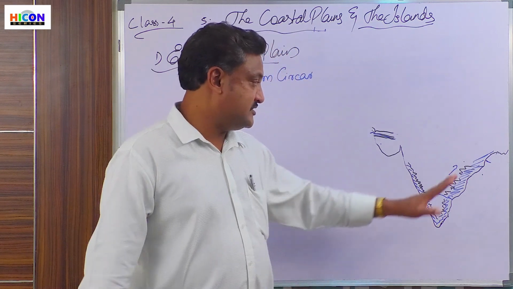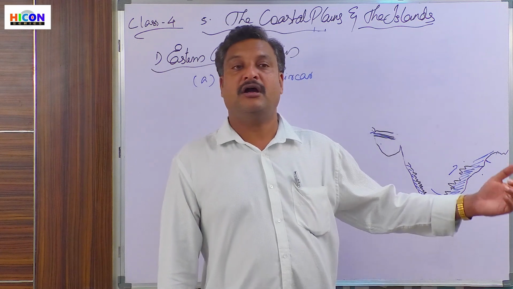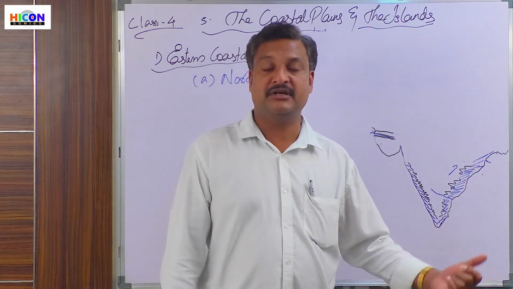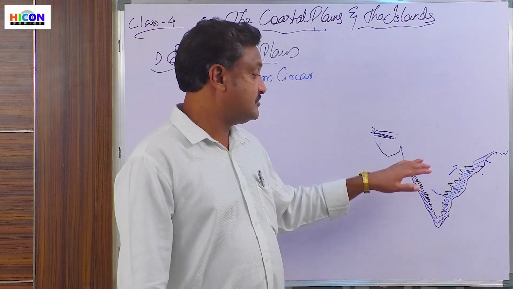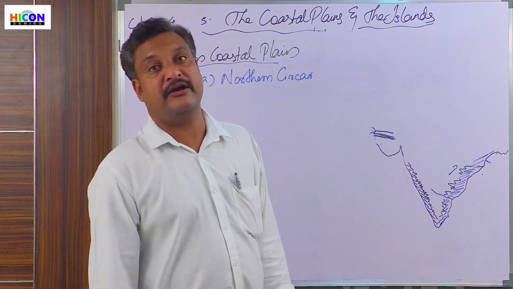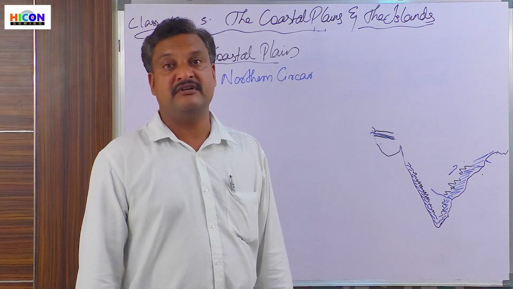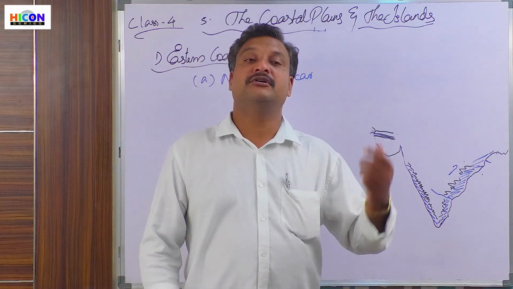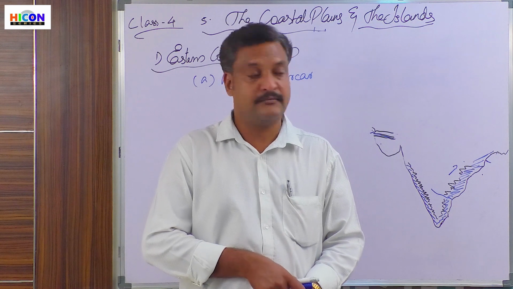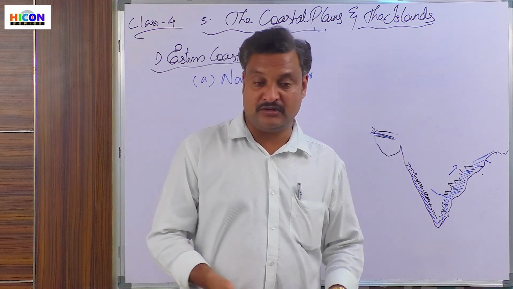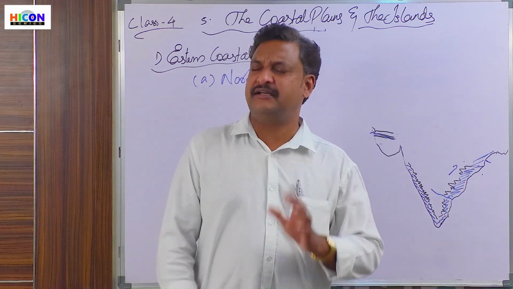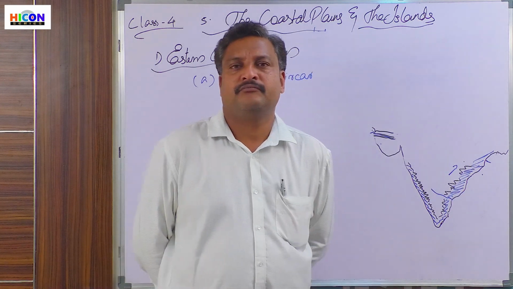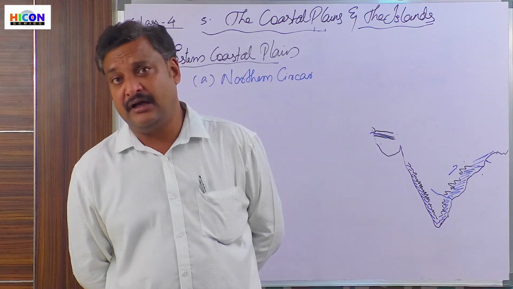So part of West Bengal, Odisha, and part of Andhra Pradesh are in the Northern Sarkar region. Okay. Because Northern Sarkar is the coastal line on the eastern side of India which lies to the north of river Krishna. A speciality of this region is that it is very fertile.